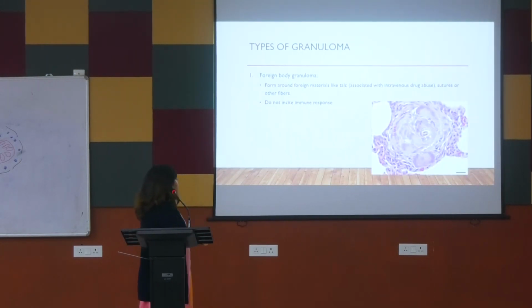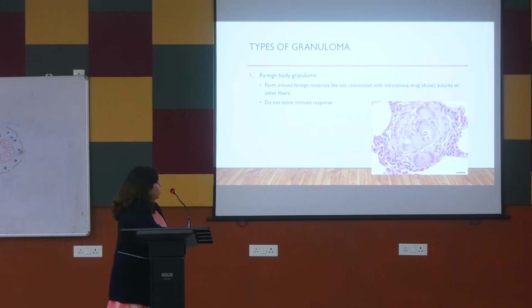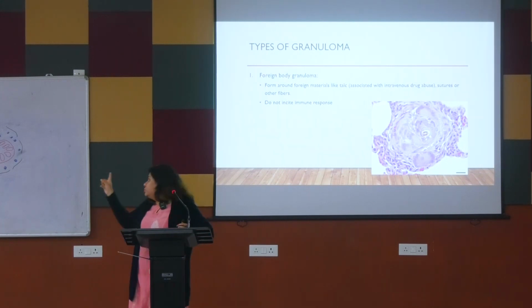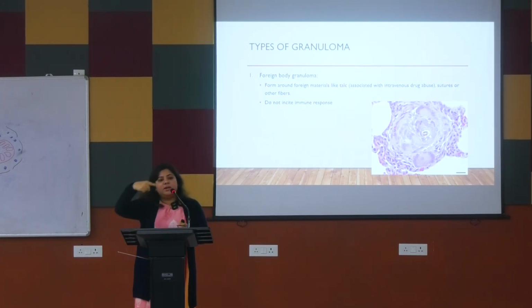Foreign body granuloma. See, here you can see the foreign body. It is usually visible. In a foreign body giant cell, the nuclei are in a ring formation or haphazard arrangement, as opposed to the Langhans giant cell, where there is a horseshoe arrangement of the nuclei.